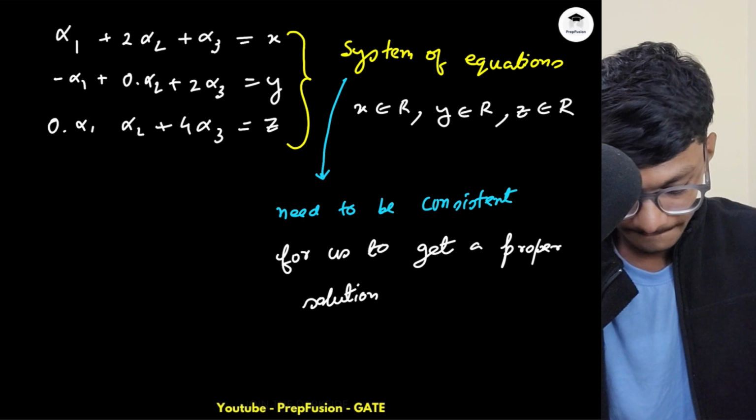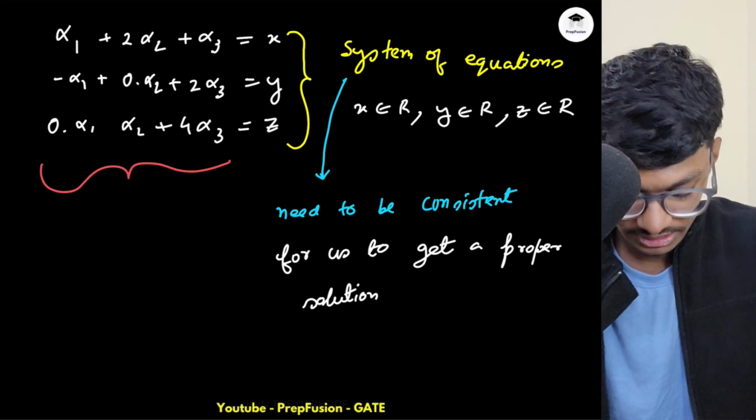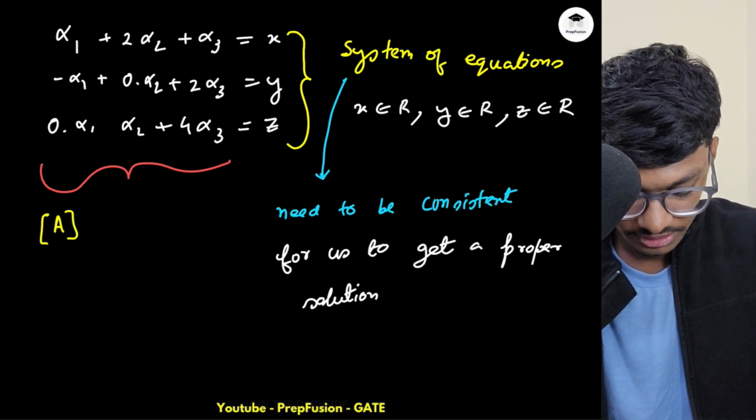Now basically, what is this? We already know this. This is the A matrix. And what is this? This is the B matrix, right?